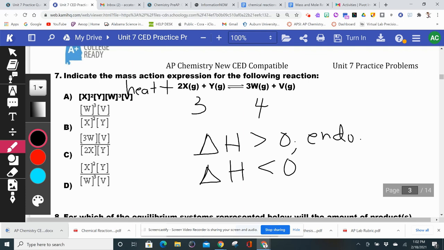Then they're going to say, all right, that's your equation. Now we've increased the temperature. What happens to the equilibrium? So then you would be thinking, okay, I figured out this is an endothermic reaction. If I increase the temperature, I would be increasing the heat.